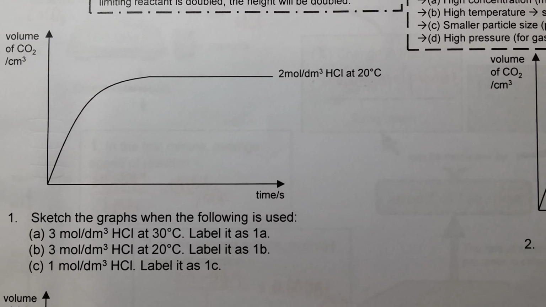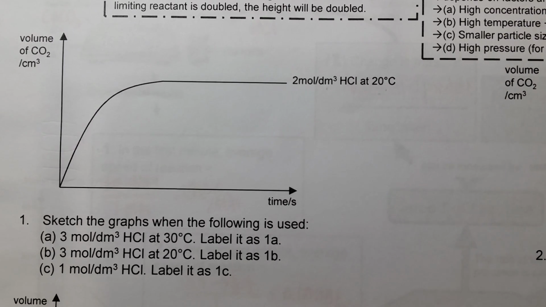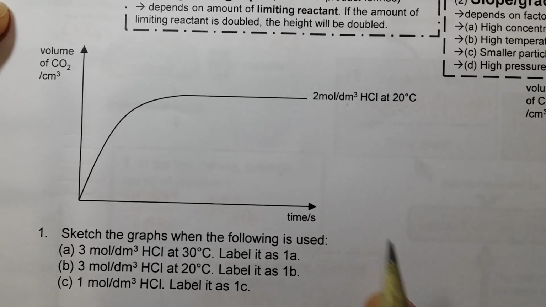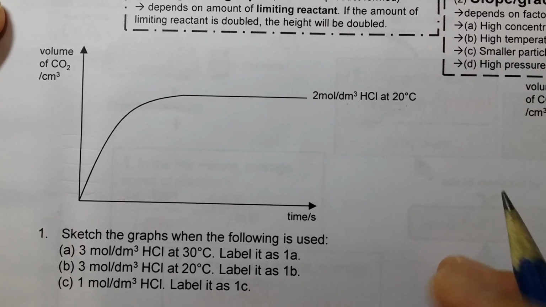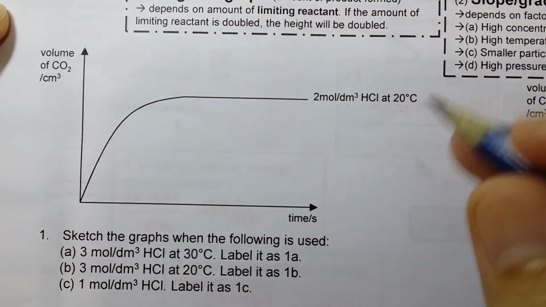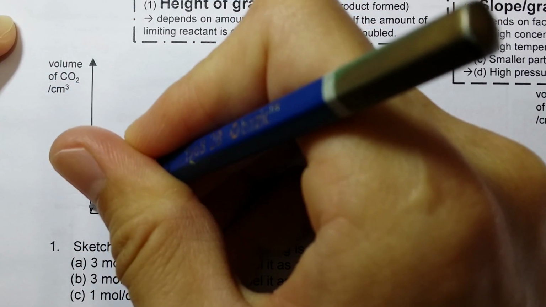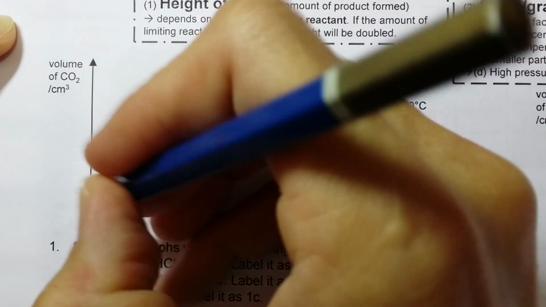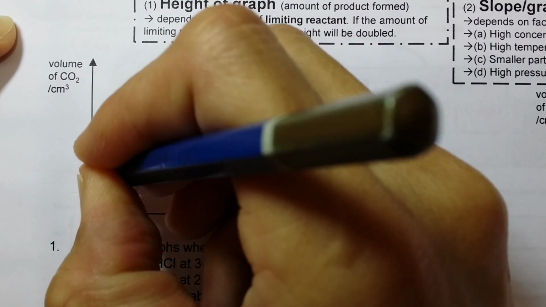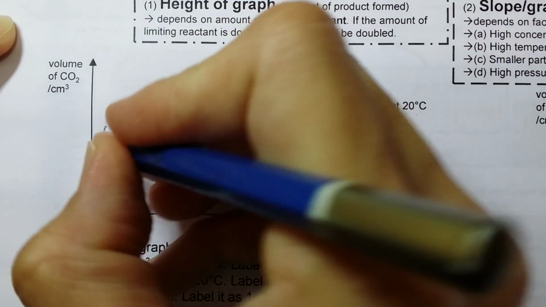The speed of reaction will be faster, which means that it is steeper. So if you sketch the curve, the curve will look something like this.